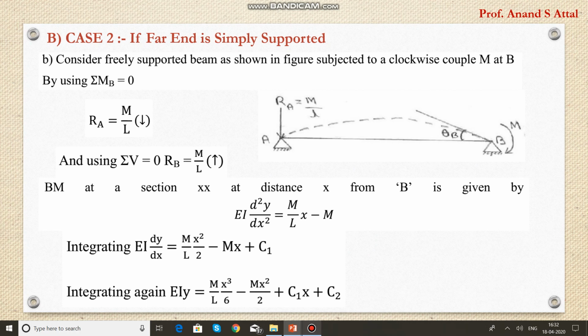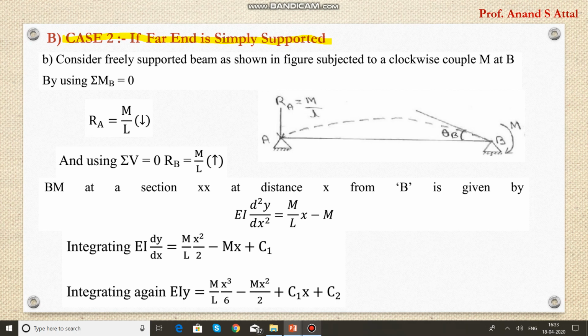Similarly, case 2: if the far end is simply supported. Let us consider a propped beam as shown in the figure, subjected again to a clockwise moment M at B, just like in the last case. But here the far end is hinged.